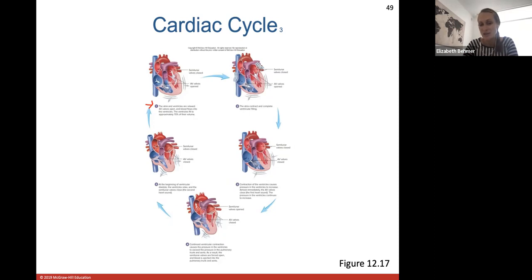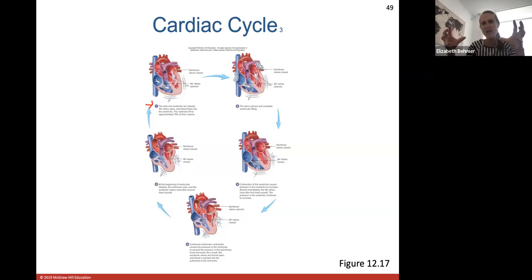So finally, during phase 4 of the cardiac cycle, the continued contraction from the ventricles causes the pressures in the ventricles to exceed the pressure in the pulmonary trunk and aorta. And that causes the semilunar valves to open. So you start to see these white arrows now showing direction of blood flow from the ventricles through the aorta, which is in red, and the pulmonary trunk, which is in purplish blue.